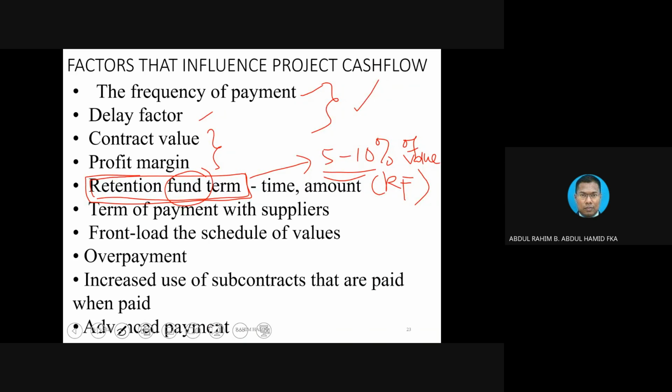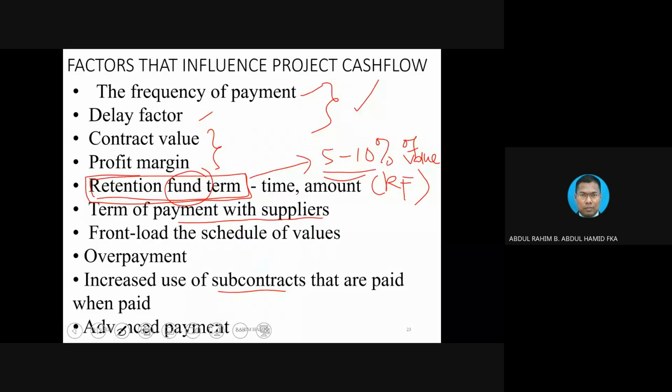Number five, term of payment with supplier and subcontractor. I combine them together. Okay, in construction, it has been a practice that the supplier gives some kind of credit facility to the contractor. So meaning to say the contractor can pay 1 or 2 months after that, okay?